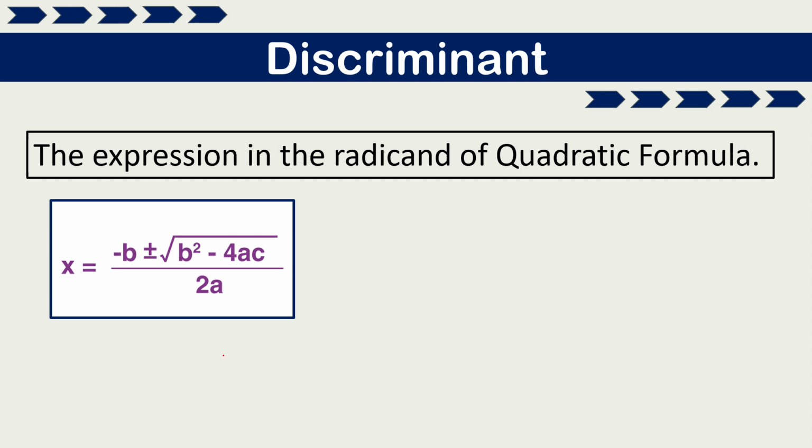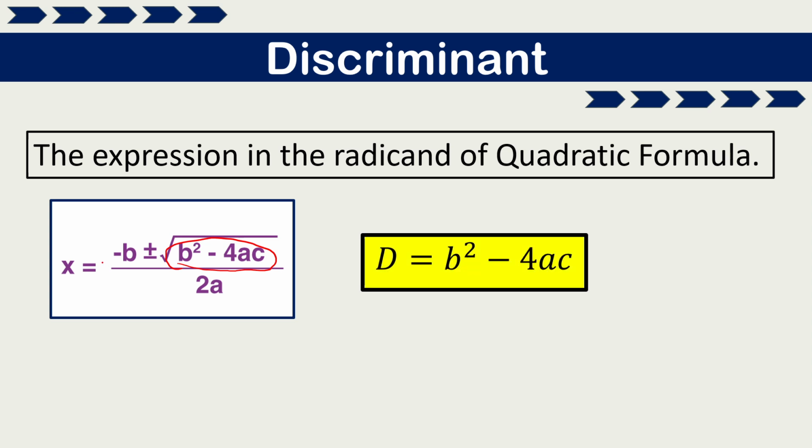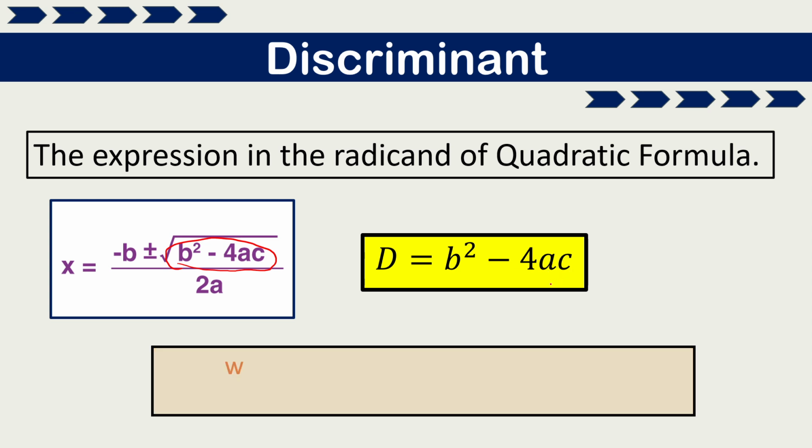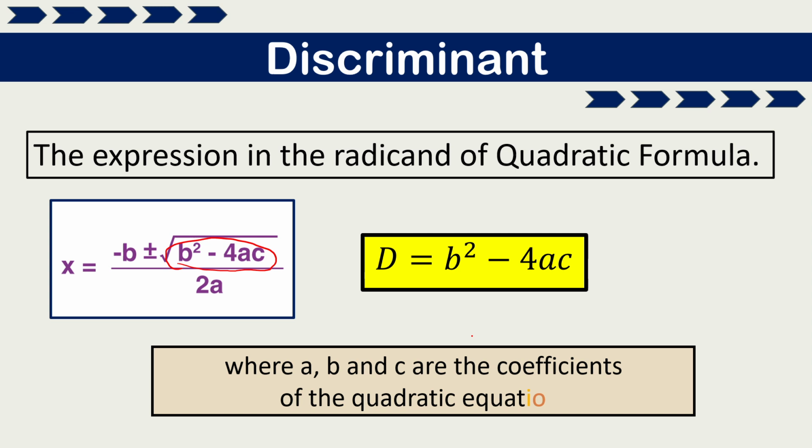Let's say this is the quadratic formula, and the radicand here is b squared minus 4ac. And that is the formula in getting the discriminant of the equation, wherein we have d equals b squared minus 4ac, and a, b, and c are the coefficients of the quadratic equation.